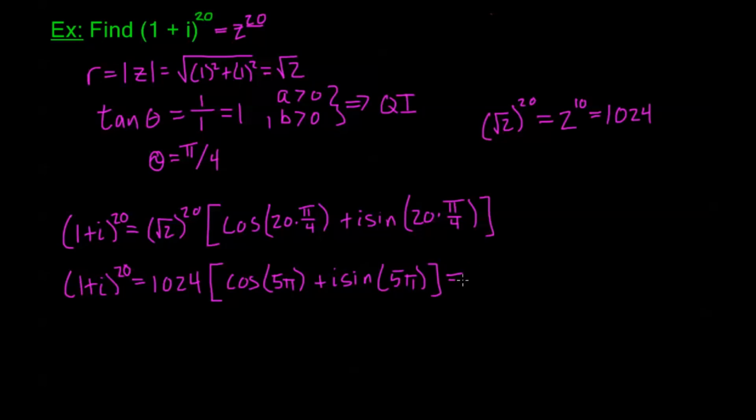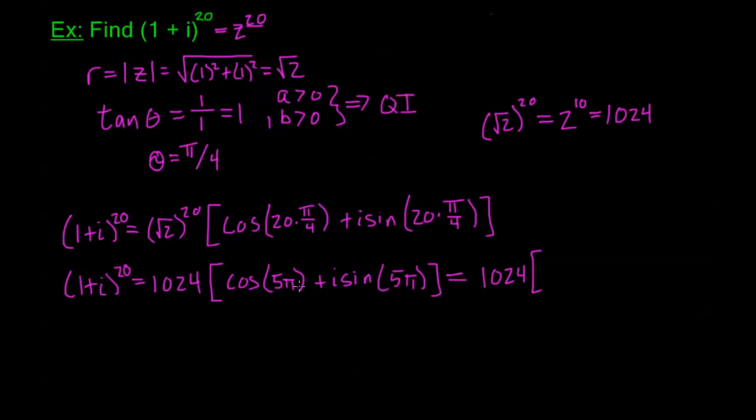Now, usually if you're given a question in form a plus bi, which is what we were given, our z here is 1 plus i, which is not in polar form, we want to give an answer that's also in the form a plus bi. And remember, the way we go from polar form to a plus bi is we have this modulus on the outside, and we evaluate the trig functions on the inside of the polar form.